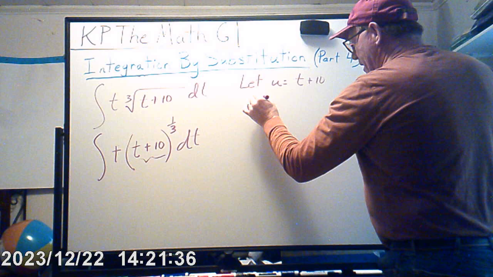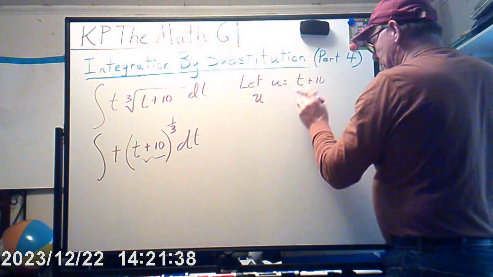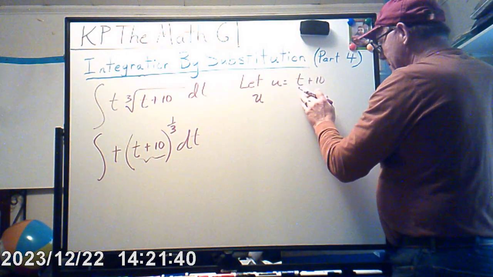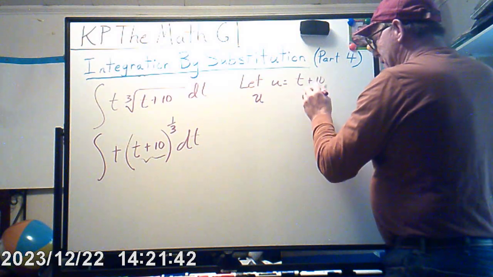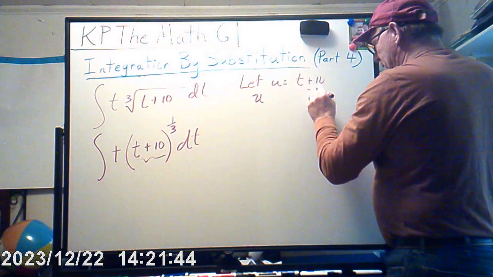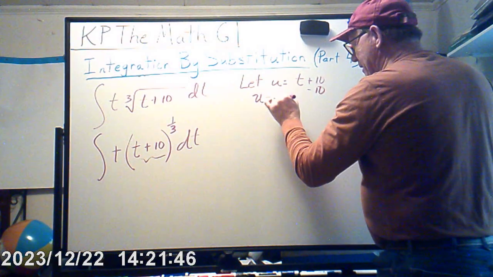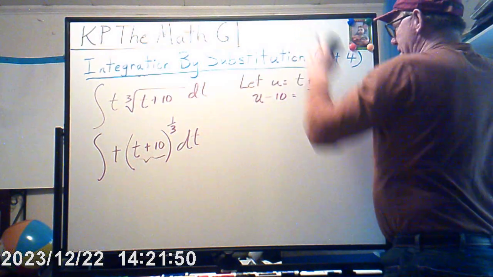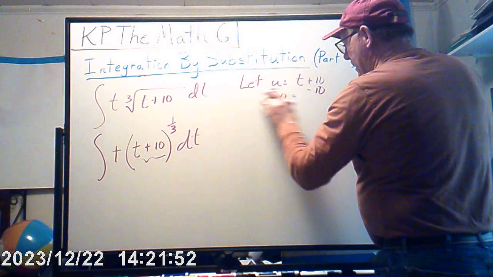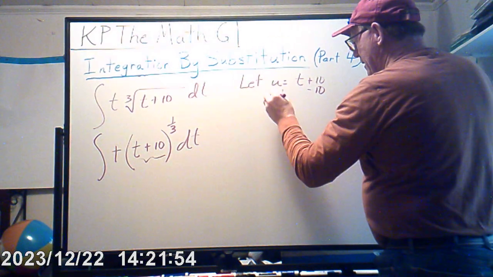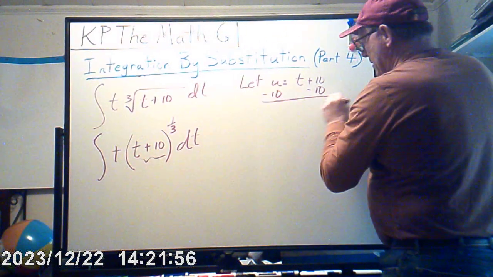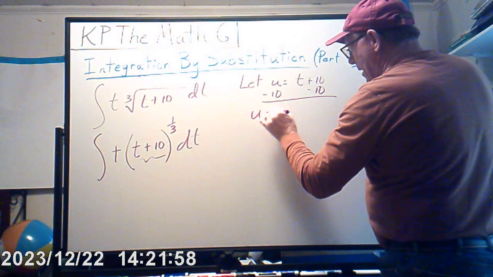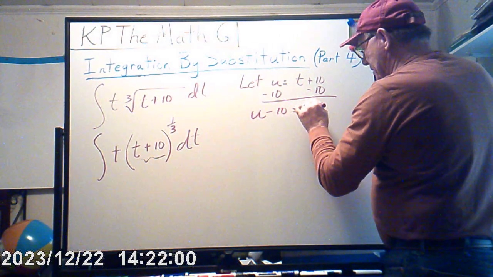Here's what we've got. U equals t plus 10. Let's get t by itself, because I want t by itself. I'm simply going to subtract 10 on both sides. So u minus 10 equals t.